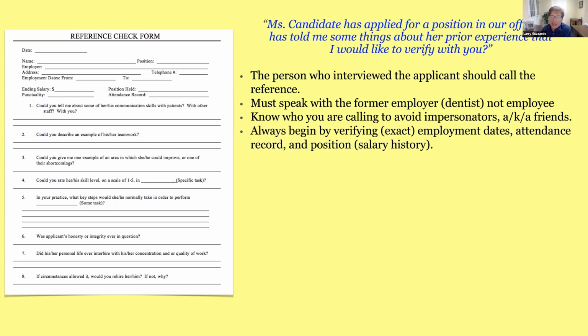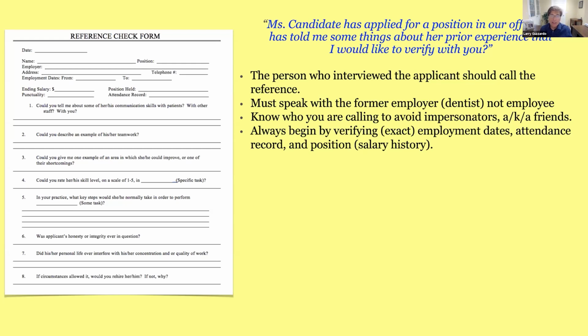And so you always want to begin by verifying exact employment dates, their attendance record, and their position, even their salary history, if you think that that's important. There's people who say, I worked there from December 20, or I just worked there from 24 to 25. So it looks like, oh, they were there for a year.